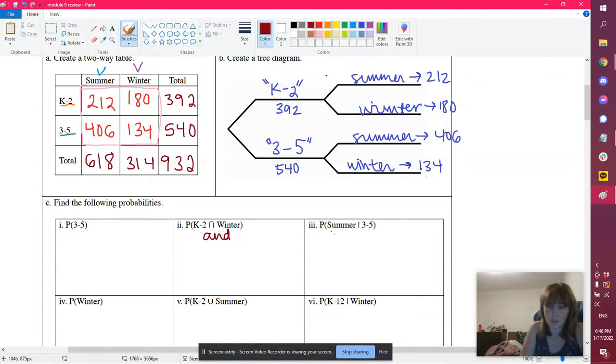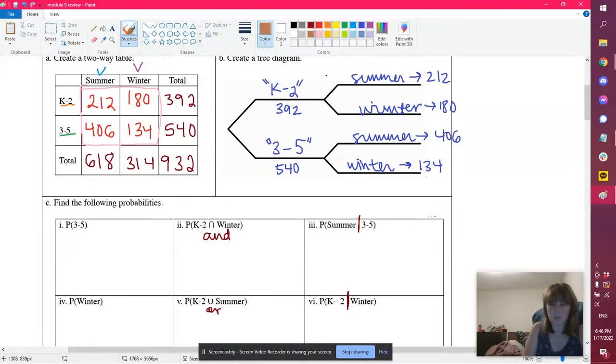This is the probability that you're in summer, given that you're in 3 through 5. This is just the probability that you like winter, the probability that you are in K through 2 or like summer, and the probability that you're in K through 2, given that you like winter.